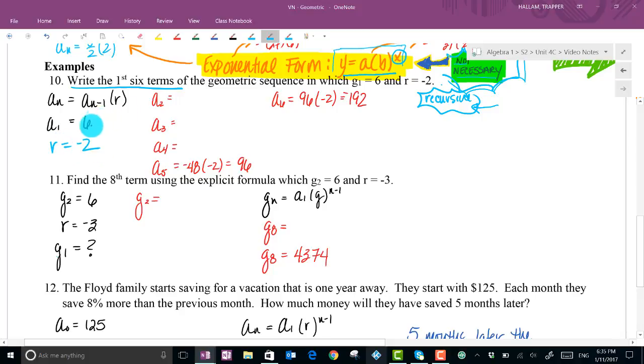All right, so to find the second term of the sequence, because they give us the first one, we're going to do exactly what our formula says. Previous term, which is a sub 1, is 6, and we're going to multiply it by negative 2, which is going to give us negative 12.